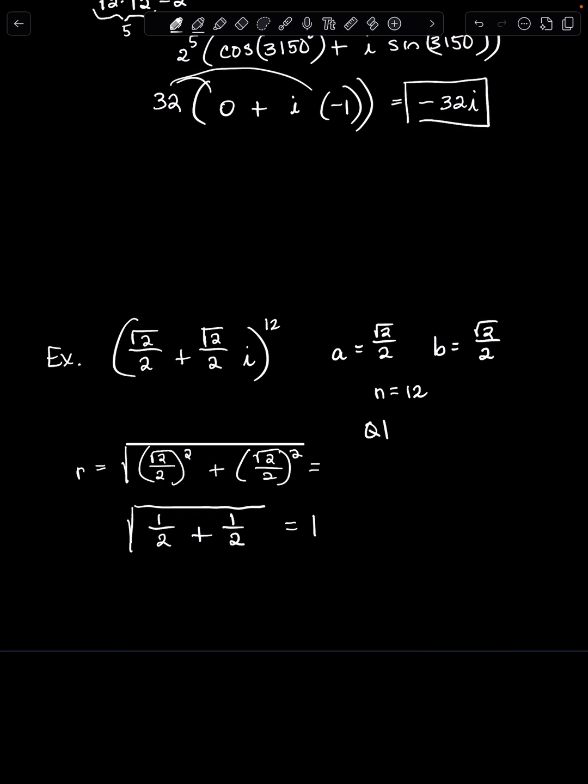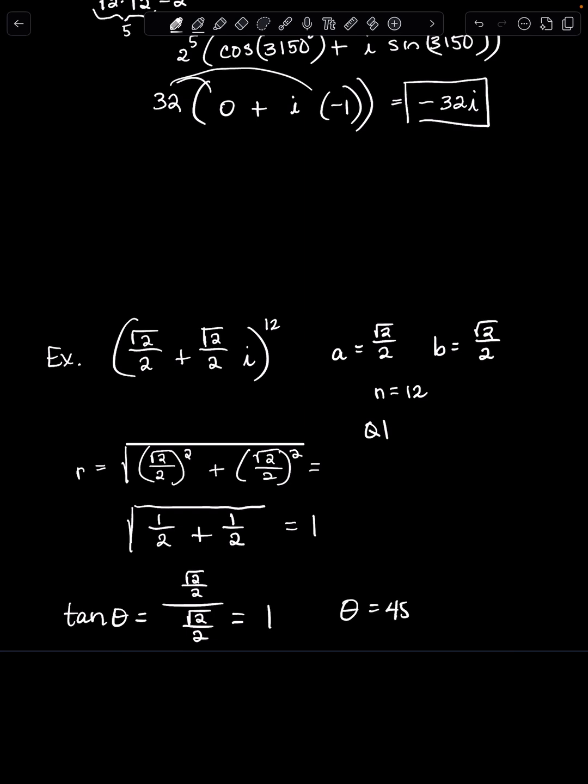My theta is going to be, tangent of theta is B over A. Anything divided by itself is 1. We know we're coming out of quadrant 1, so theta here is 45 degrees.